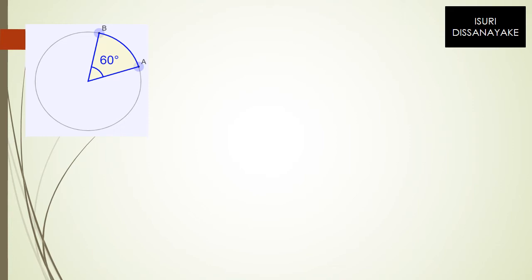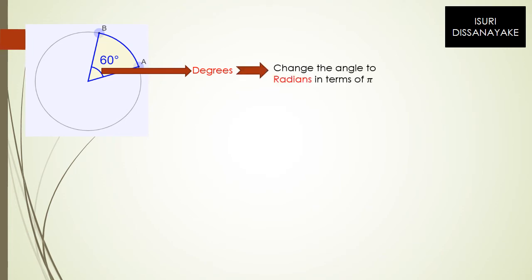Look at this figure. You can see in this figure, the angle is measured in degrees and it is said as 60 degrees. Any angle you can either measure in degrees or you can measure it in radians.